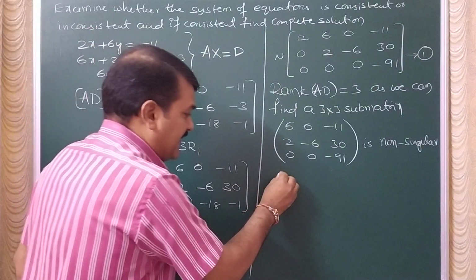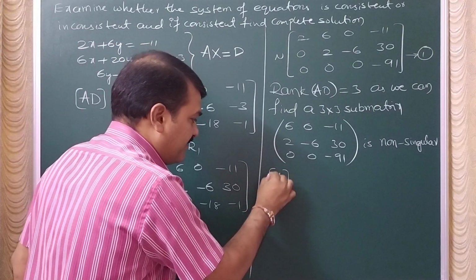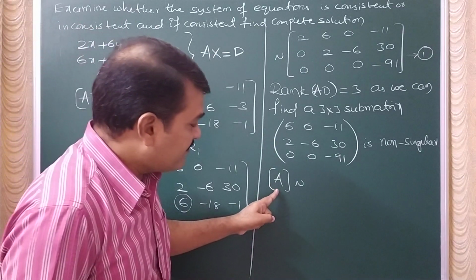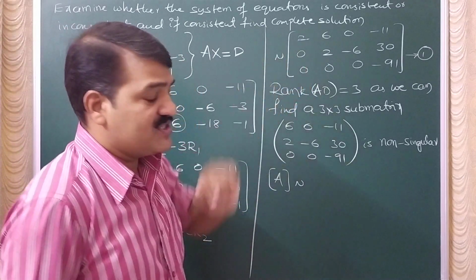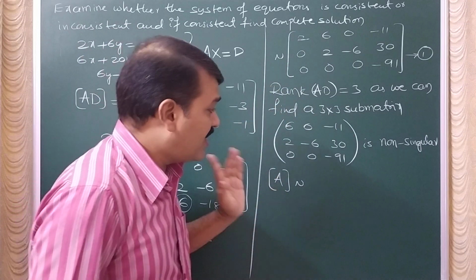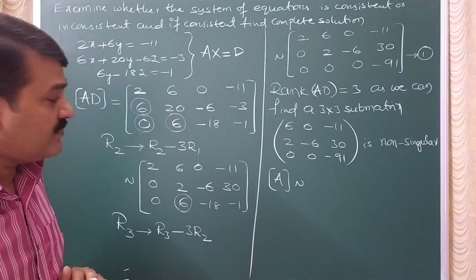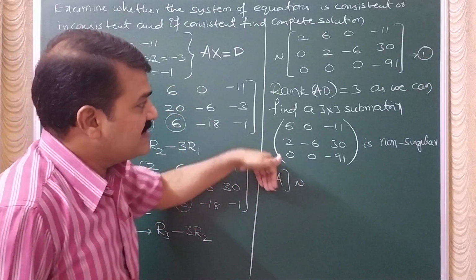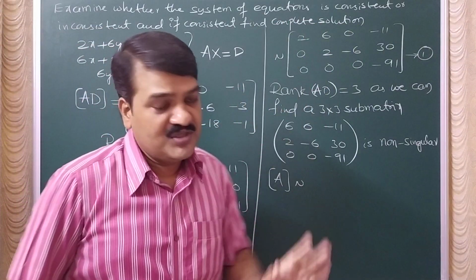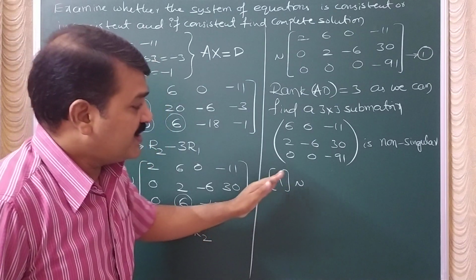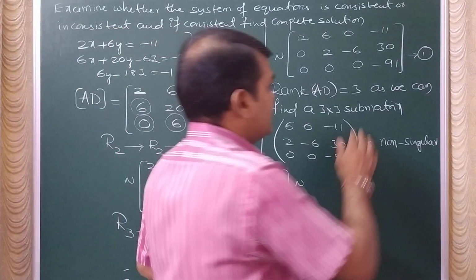Now I will take matrix A, meaning the coefficient matrix, the equivalent form of the coefficient matrix from equation 1. Why equivalent? Because the actual coefficient matrix is different. After elementary row transformations, that has changed. So therefore I am writing equivalent to 2. So what is the coefficient matrix?